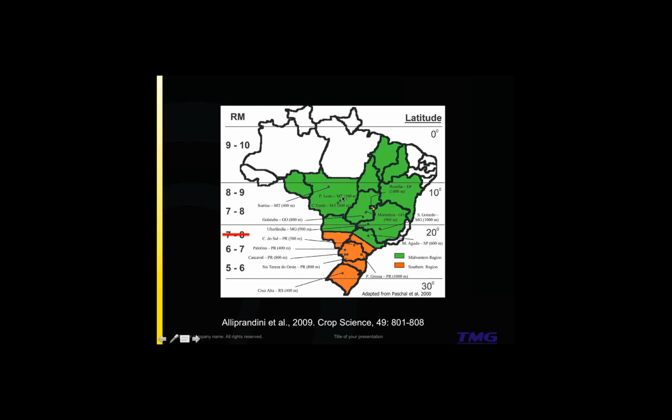Nowadays, we cross among these 2 regions, so we do not have a limit anymore, because we started to rely more on indeterminate types, and that allows us to grow even group 6.5 here in central Brazil, especially at the higher altitudes of Goiás state and Mato Grosso state.